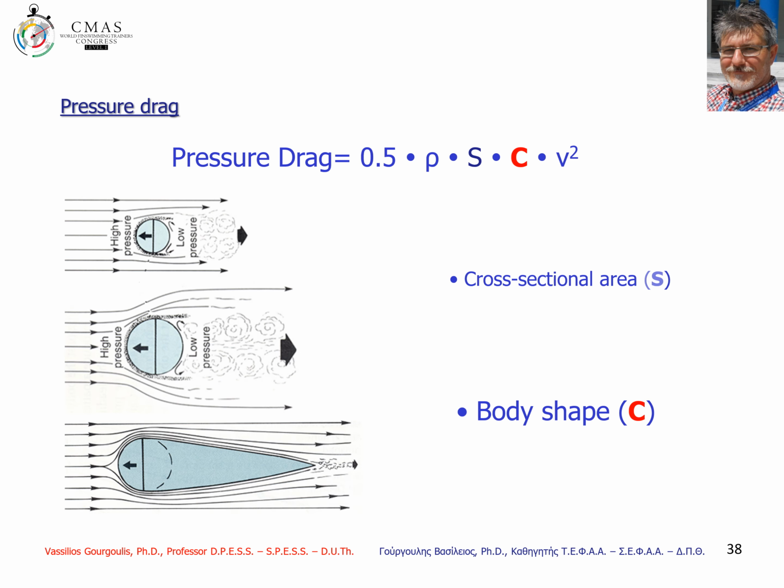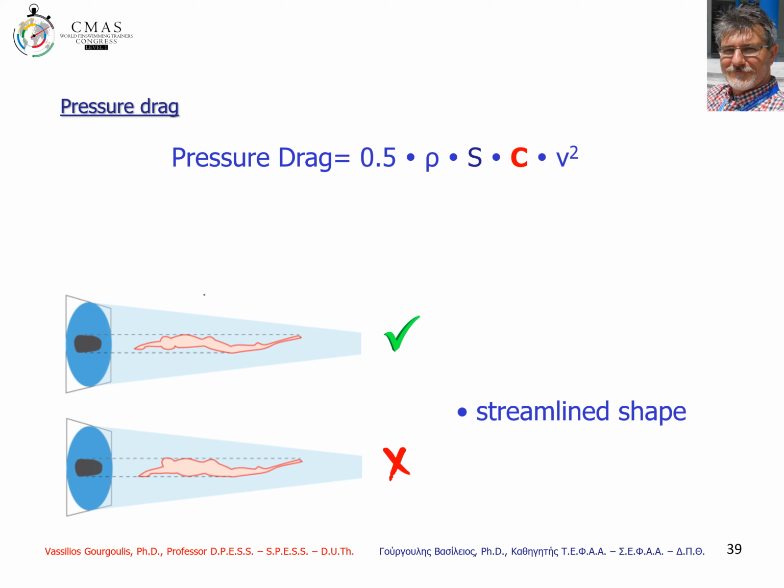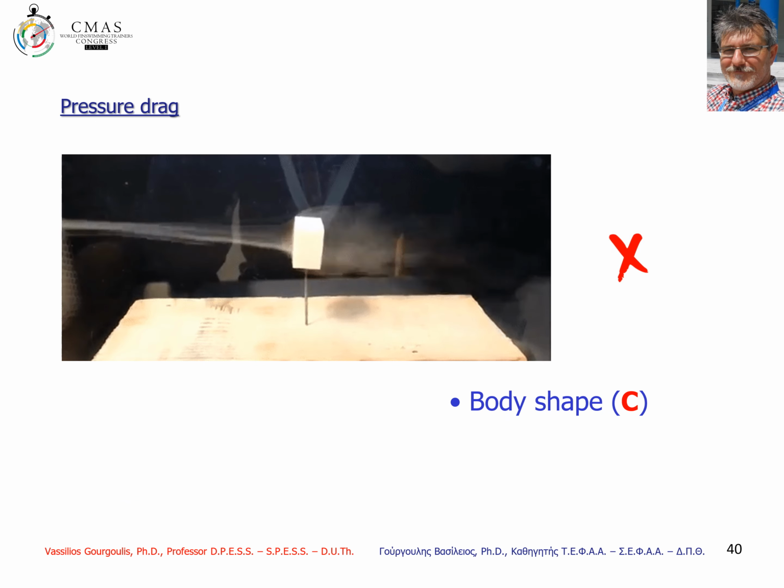Pressure drag is also affected by the shape of the body, which is represented by a dimensionless drag coefficient C. A streamlined shape of the body is of decisive importance. Here you can see the flow of smoke around an object with a cubic shape.